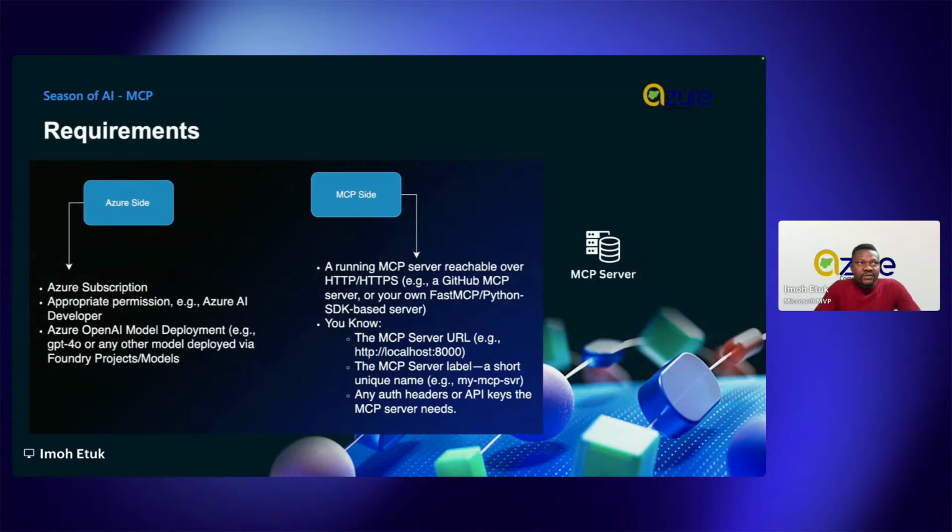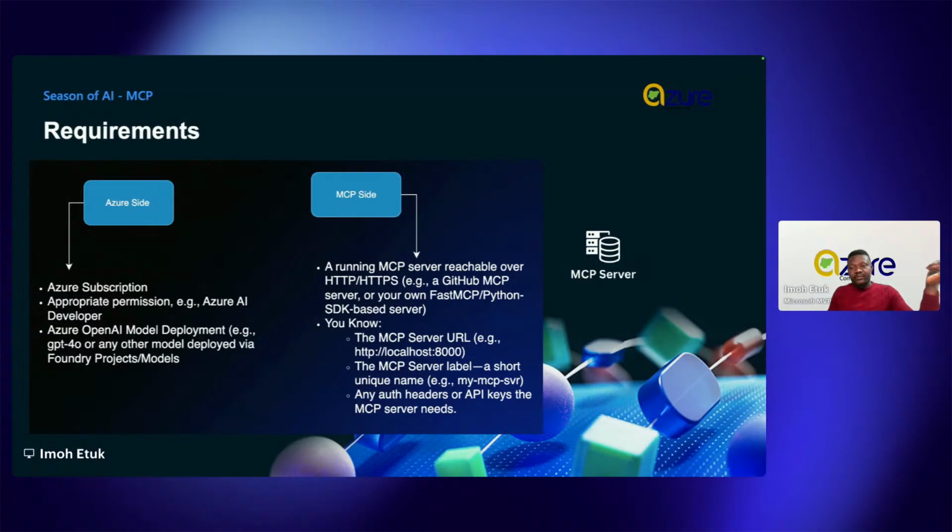I'm going to be sharing my screen and take us through the GitHub workspace and even my Visual Studio Code. So on the Azure side, you need to have a subscription. It's very important. And Microsoft has a free $200 credit that is valid for about 30 days, and you can actually leverage that to develop your skill.